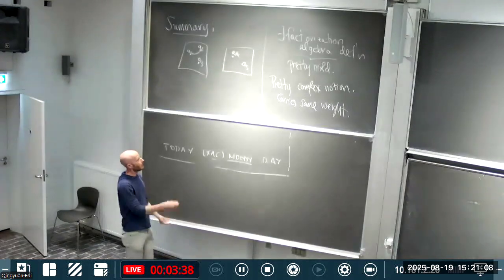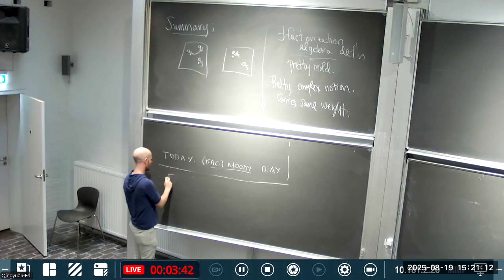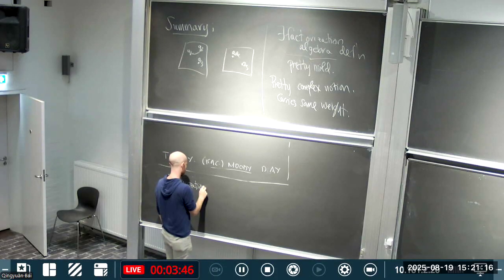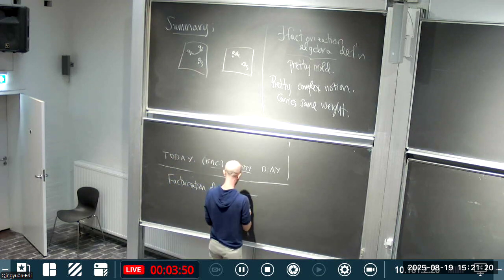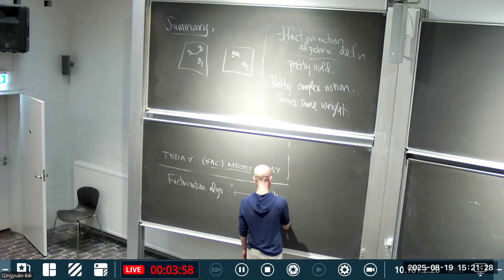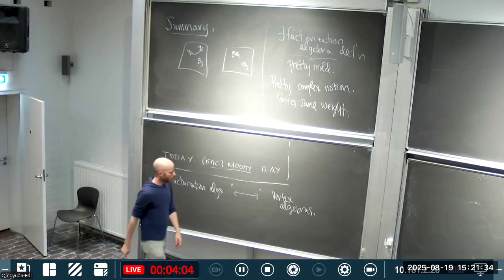Okay. Other thing that's worth knowing is that this theory of factorization algebras is equivalent, with a little bit of quotes on it, to the theory of vertex algebras, which I think wasn't mentioned during Kevin's talk.